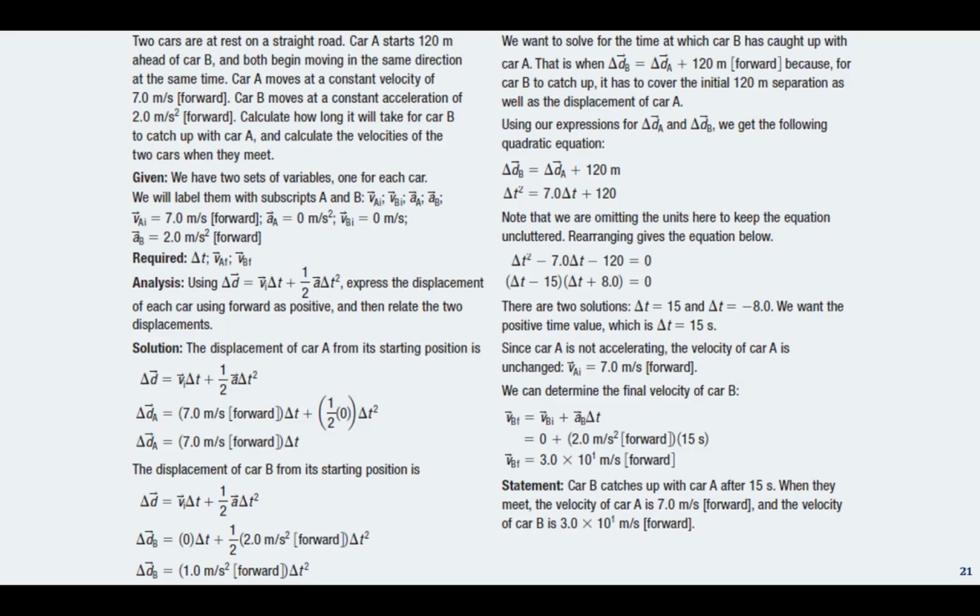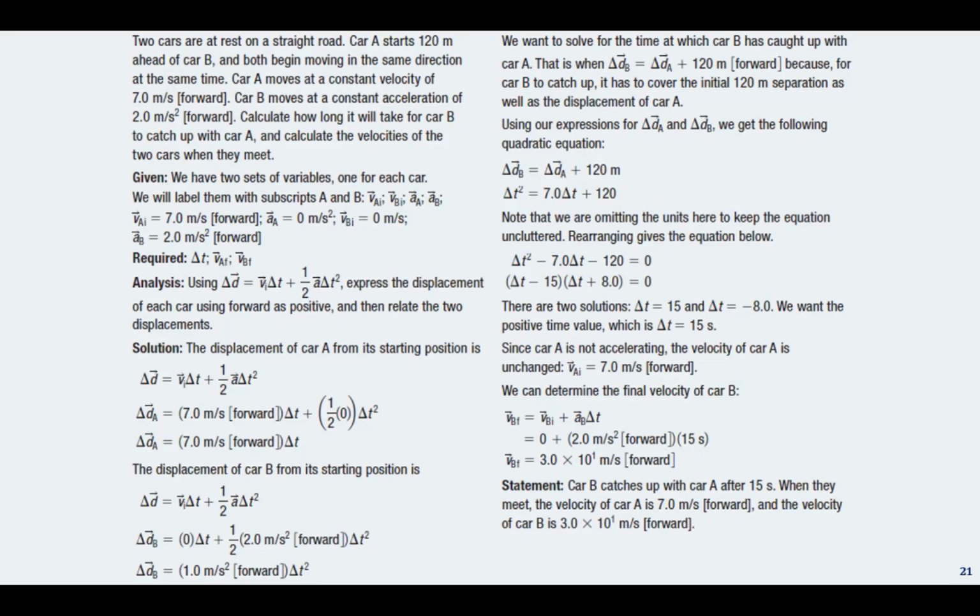And for car B, we know the final velocity VBF equals VBI plus AB times delta t. And then put all the values in. That gives us the final velocity of car B is 3 times 10 to the power of 1, which is actually 30 meters per second. Direction is move forward.